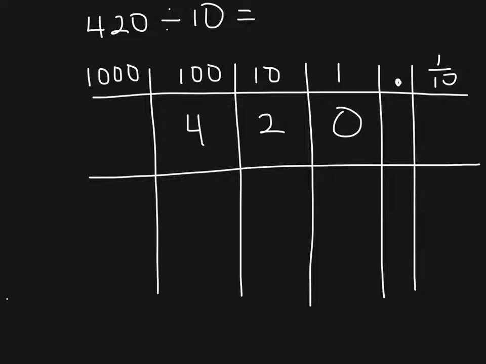So that 4 in the hundreds place, and think about this, when we did the place value disc, that 4 hundreds became 4 tens, and those 2 tens became 2 ones, and I could put that 0 in the ones place over here in the tens place, but I don't really need to include that in my answer. I can just write 42 as my answer.